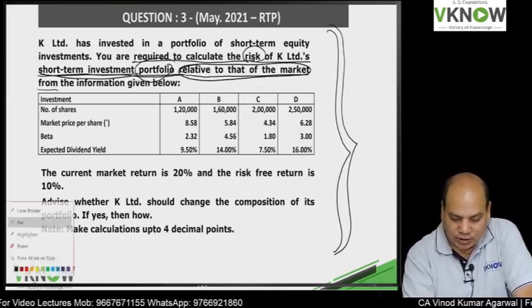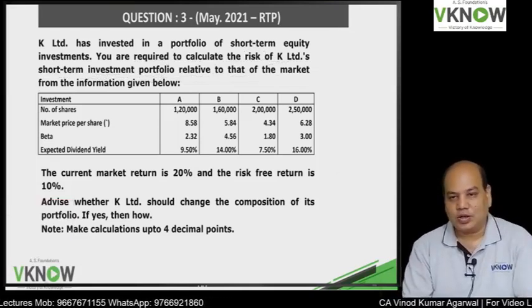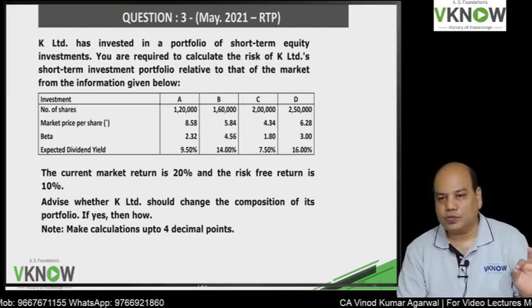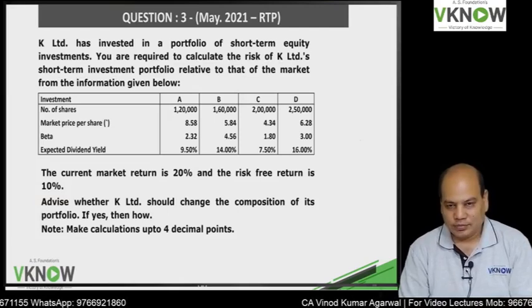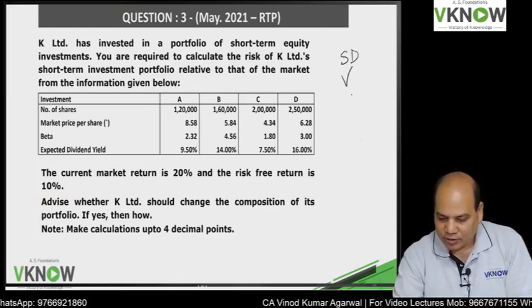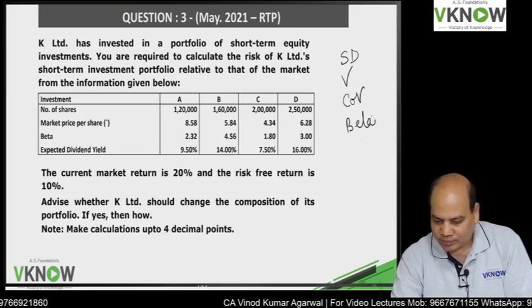So which statistical number gives you the relationship between the riskiness of the stock or the portfolio in relation to that of the market, whether it is standard deviation, variance, covariance or beta?